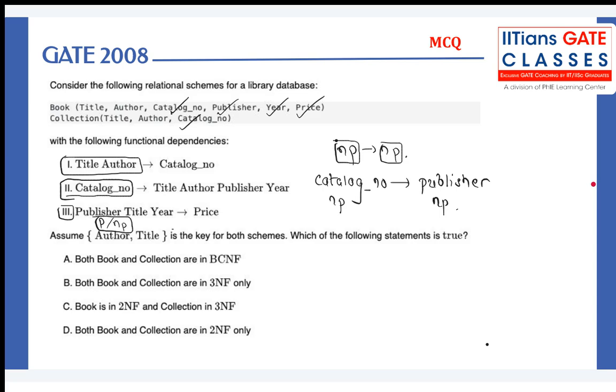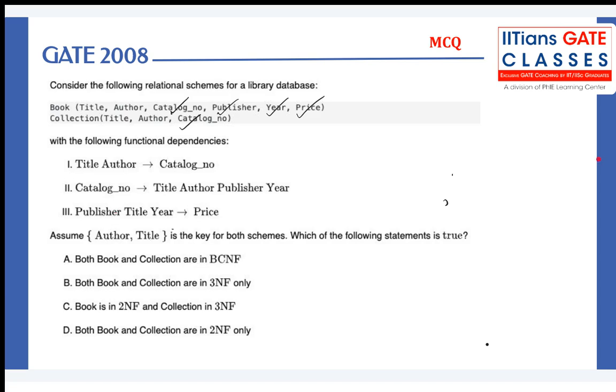Okay. Now let's come to collection. Collection is simple, right? It's a smaller schema. So for collection, title author gives catalog number. So I have this functional dependency and to some extent this functional dependency as well. Right? I can say catalog number gives title author.